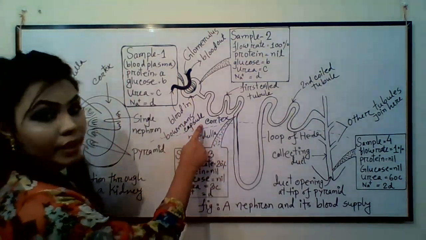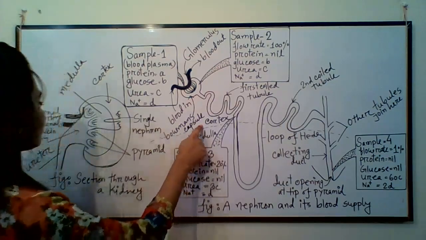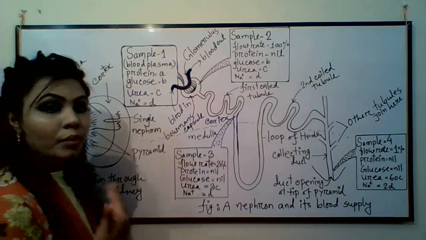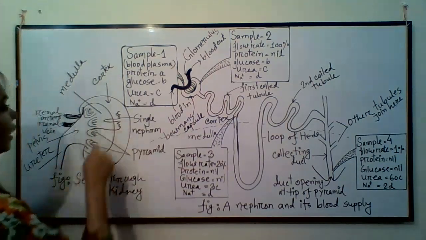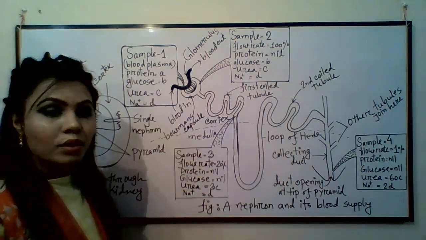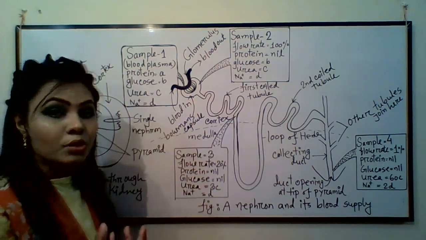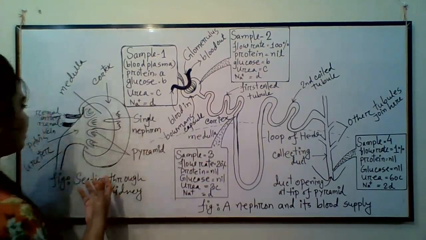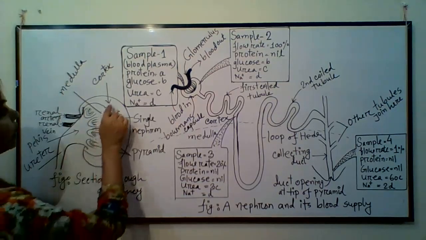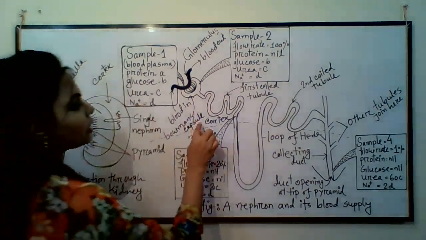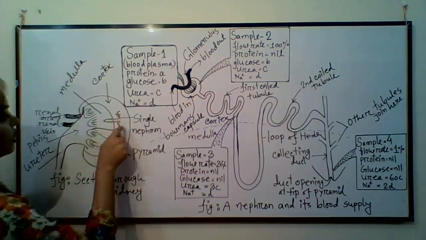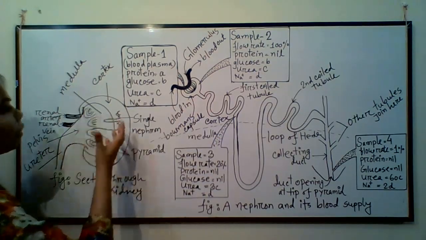This is the cortex. If you know the structure of the kidney, you will know about that. The cortex means if we cut a kidney lengthwise, at that time we will be able to see this structure. This is a darker outer region of the kidney, and this part is the cortex.